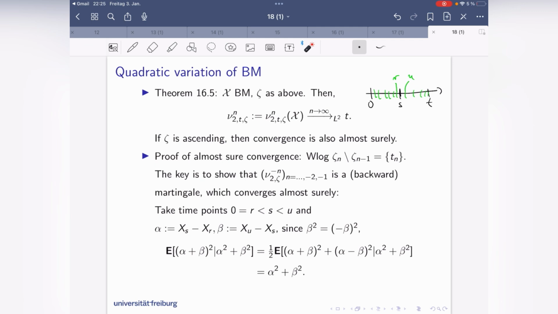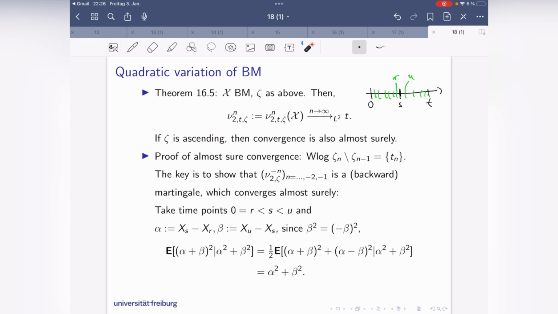So the only trick is the following. I'm conditioning here on alpha square plus beta square. Beta is the increment between s and u, but the Brownian motion has the same distribution if it has an increment xu minus xs, or the negative of this, because I have a normal distribution for the increment and that's symmetric.